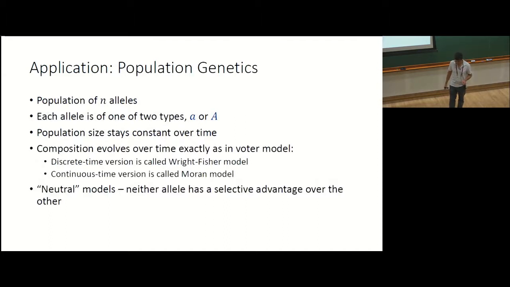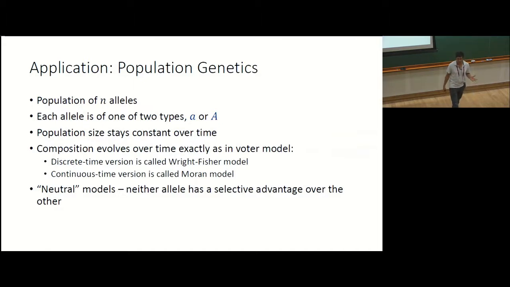So let's give one concrete application to start with, which is in population genetics. So both the discrete and continuous time models are very well known here. So you have to think of the two opinions, 0 and 1, as two alleles of a particular gene. So let's call them little a and capital A. And we have some simplifying assumptions about how reproduction happens in the system.